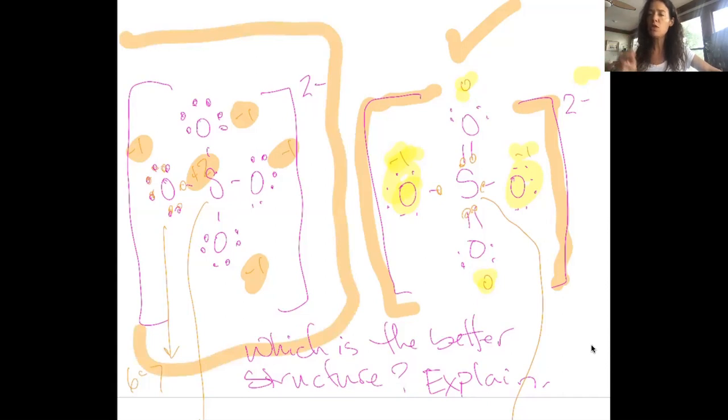Your job will be to be able to use formal charges to pick the best structure when they are provided to you. They will provide you with multiple structures. And then you apply formal charges in effort to figure out and support why one structure is better than the other. Okay? You don't need to consider formal charges when you yourself are drawing your structures. That is the rule for this course. Okay? And that's it.